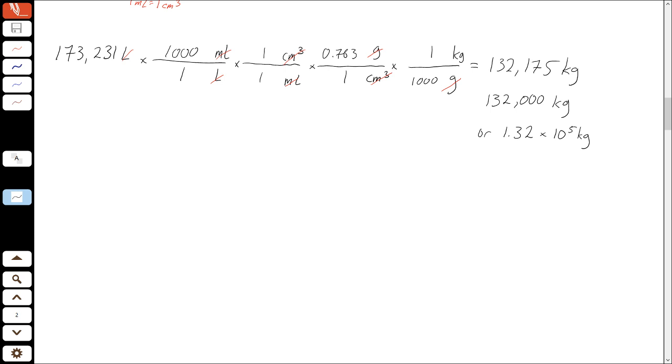Ideas? Yeah. There's no decimal point, but how many significant figures are in that 1,000 ml per liter? Any idea? It's kind of a trick question.